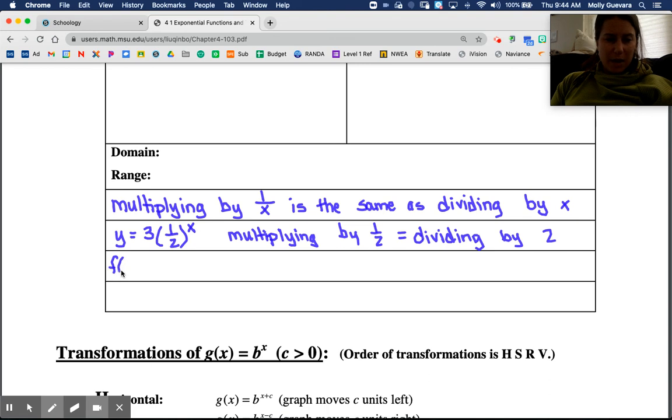Same thing, what if I have f of x equals 2 times (1/3)^x? Here I'm multiplying by 1/3 every time. That's kind of hard to think about.